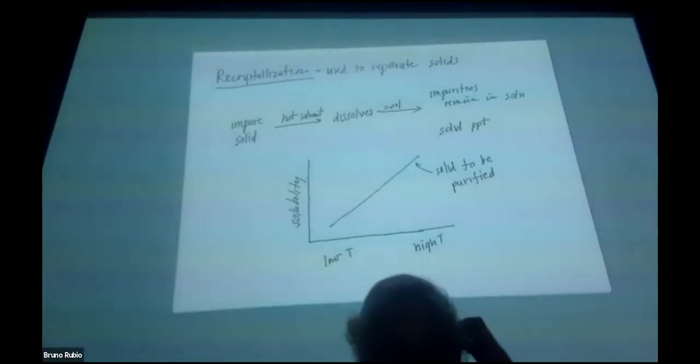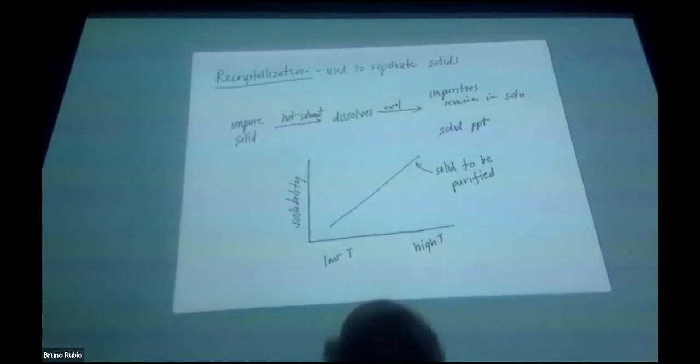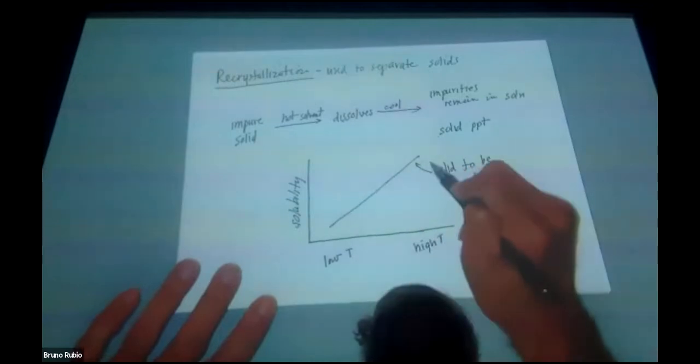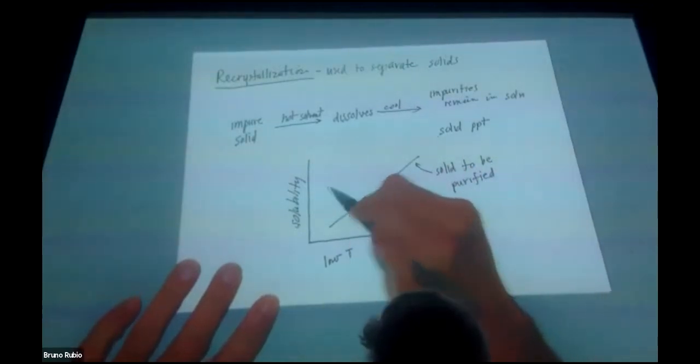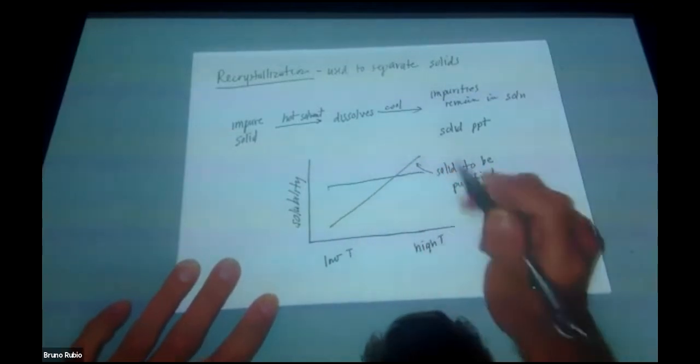However, the impurities in the sample should all dissolve at high temperature, but they should remain in solution at low temperature. So the solubility curve that you want for the impurity should look maybe something like this, right?